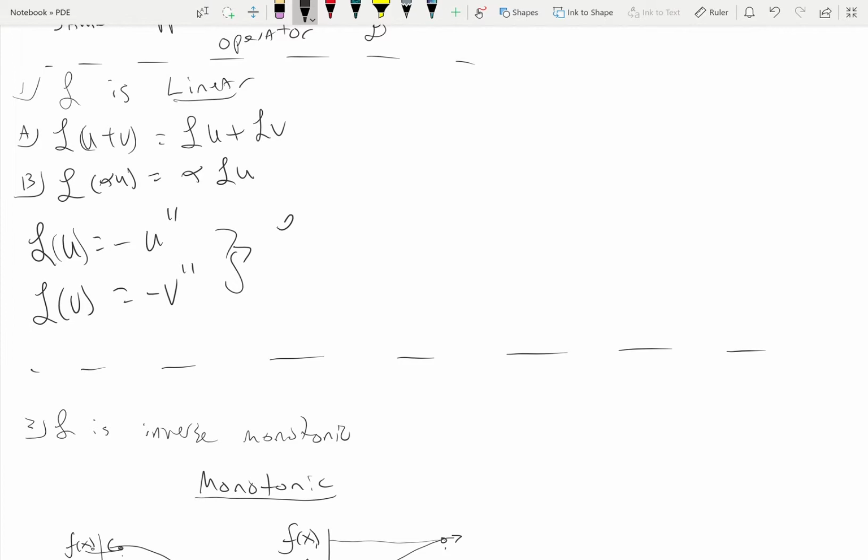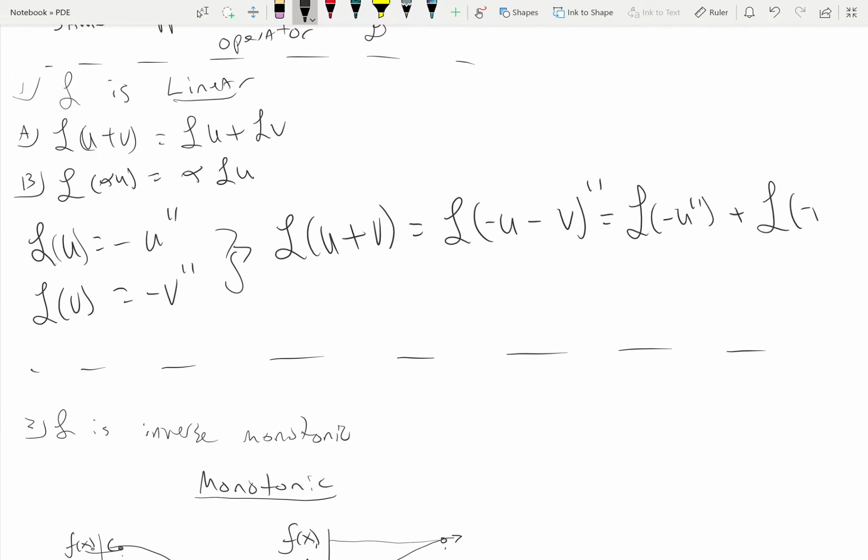We could say that L of u plus v is equal to L of negative u minus v double prime, which is equal to L of negative u double prime plus negative v double prime, which then goes to L of negative u double prime plus L of negative v double prime. And that checks out this one.